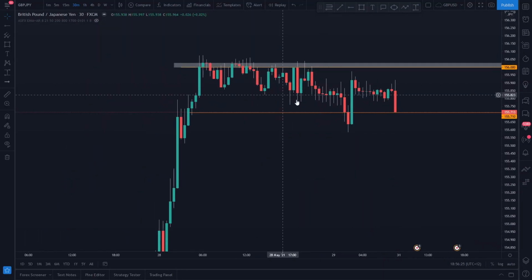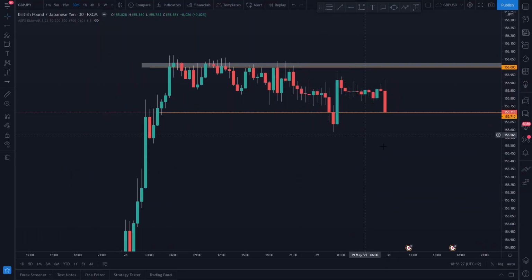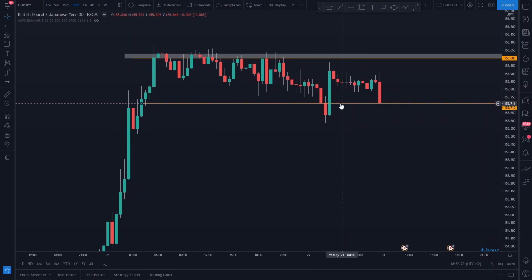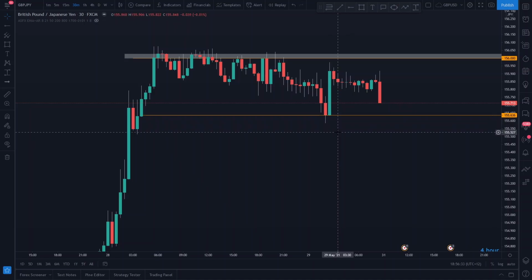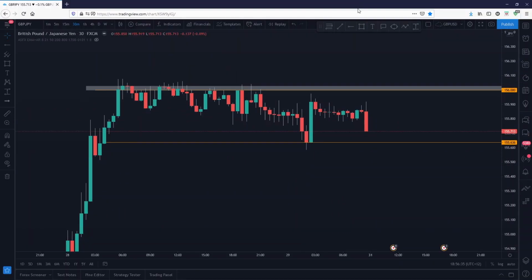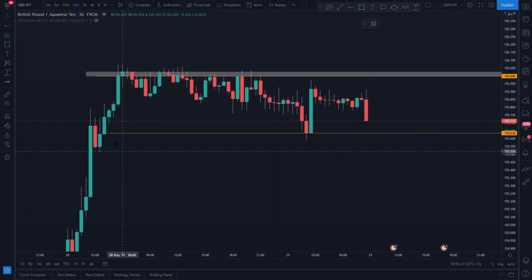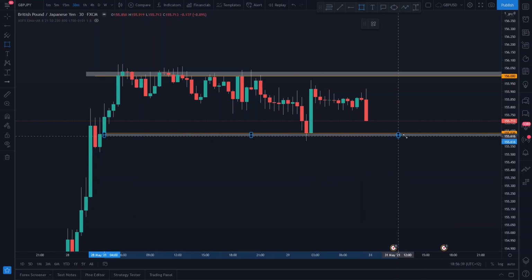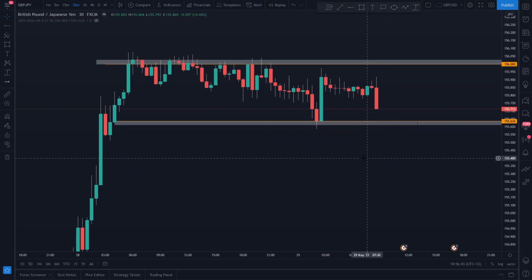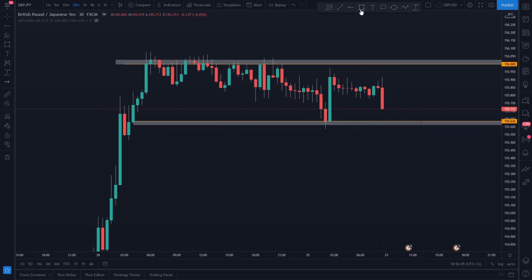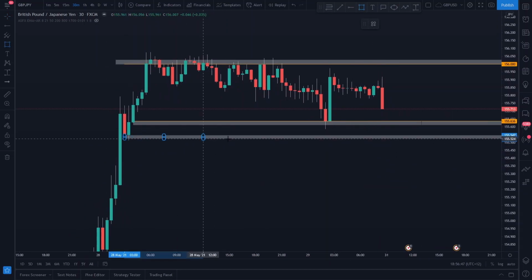Yeah, that's fine. This is a perfect zone. No problem. So on a 30-minute, I can see that this is creating support on the lower side. I'm gonna mark this zone. And there's also a little tiny zone over here.